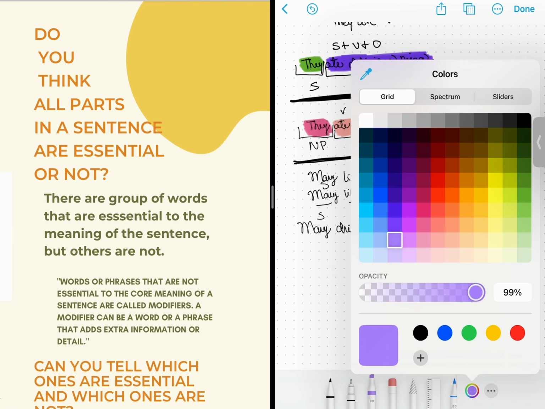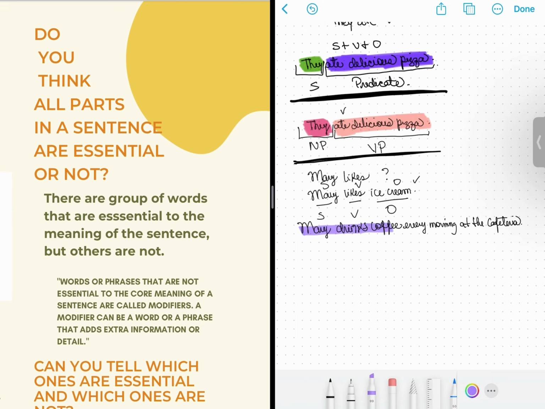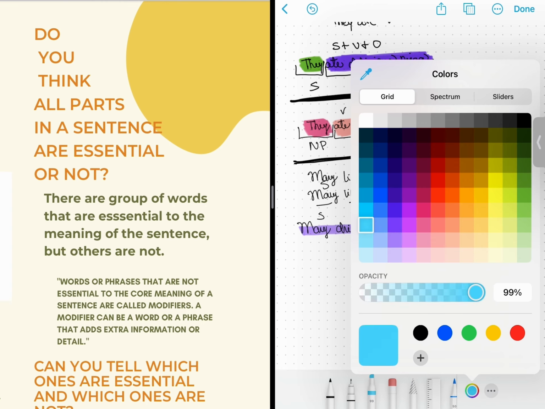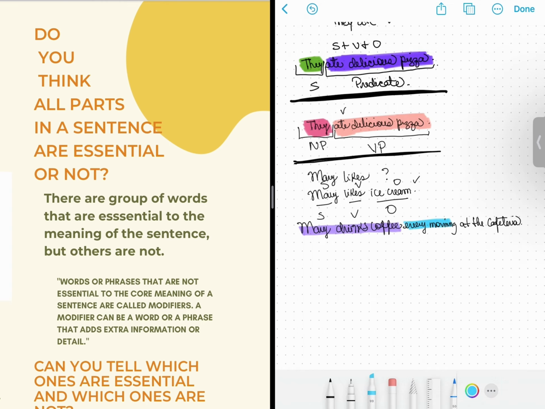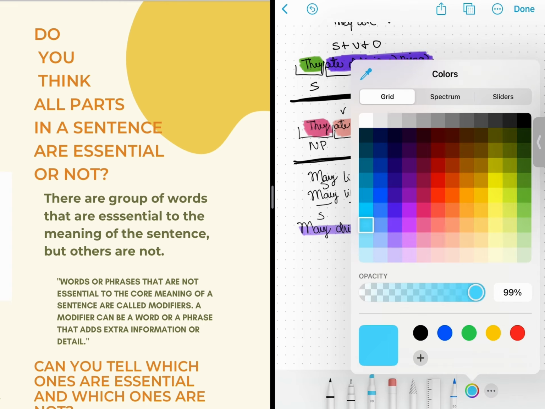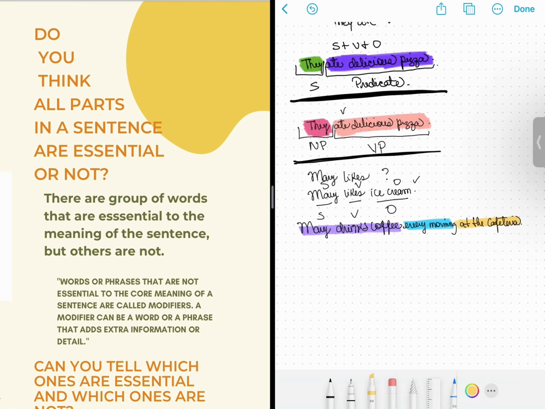If I underline Mary drinks coffee, don't you think it has meaning? It has a complete meaning, of course, Mary drinks coffee. But we have another additional information that is every morning, and we have also at the cafeteria, a preposition.